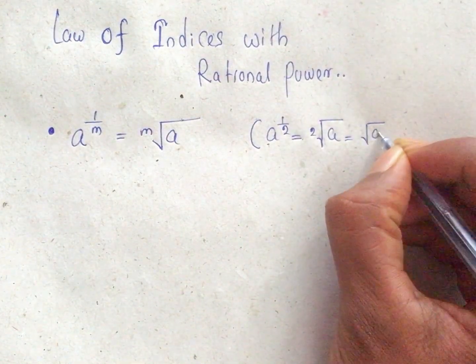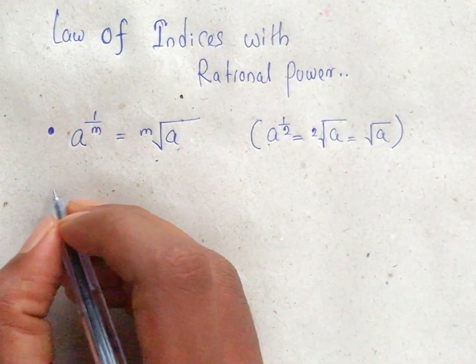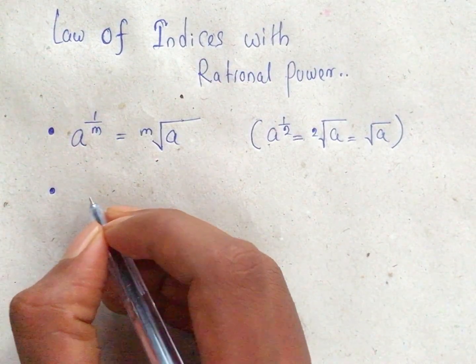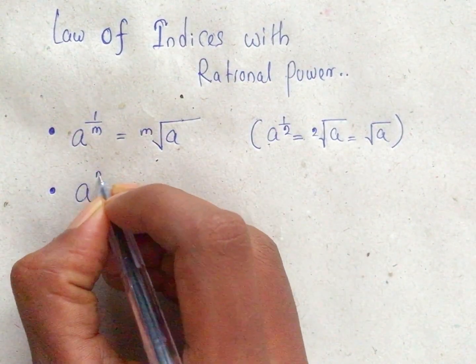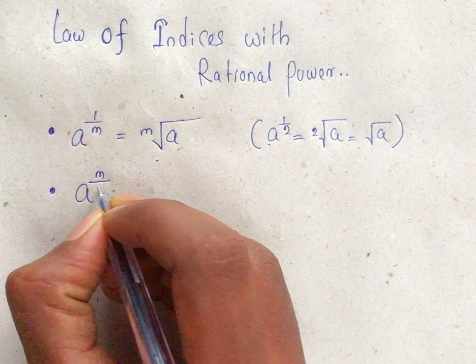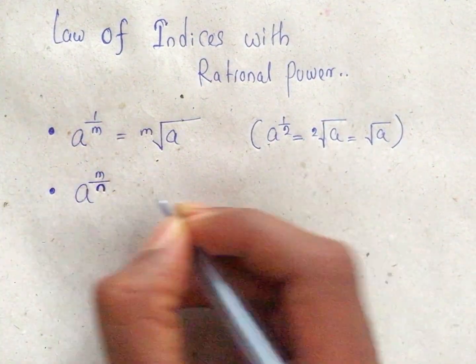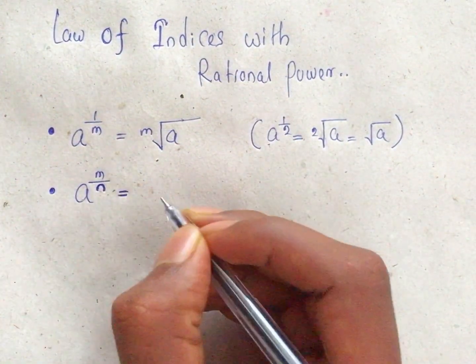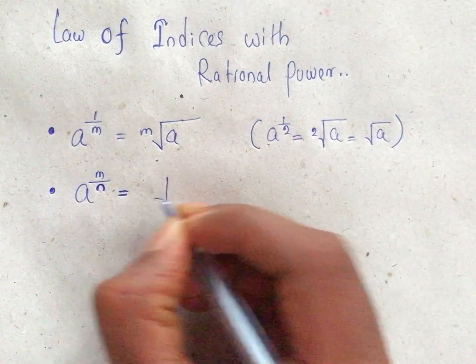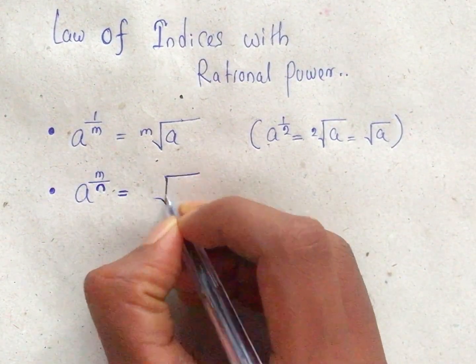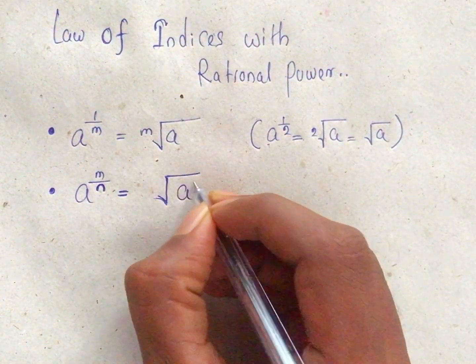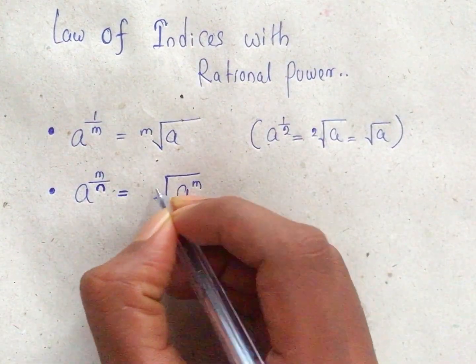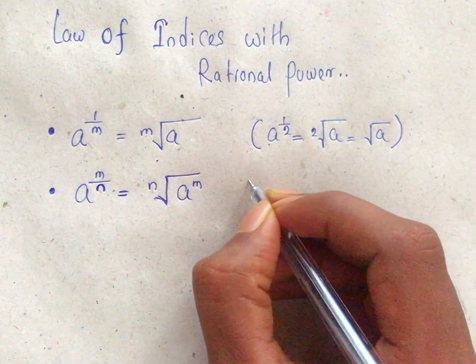Usually we call it square root a. Second case is a to the power m divided by n. We can write it as the n-th root of a to the power m.